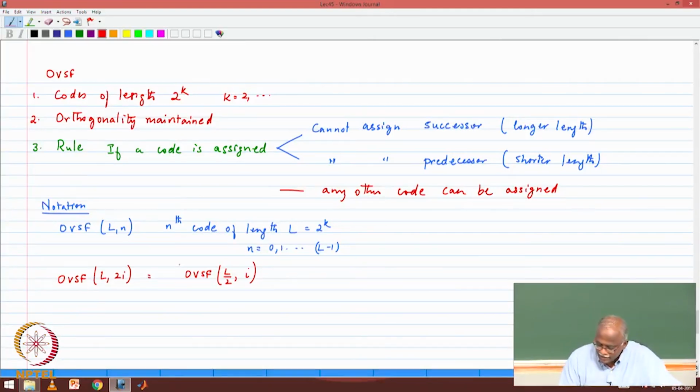And how was this generated? I got it by repeating OVSF L by 2 comma I.